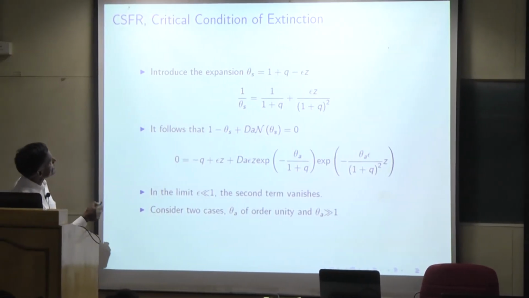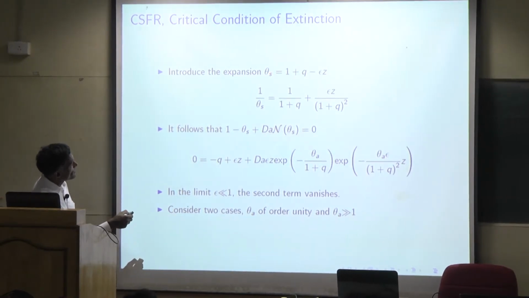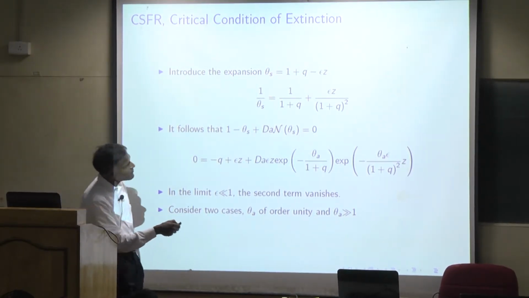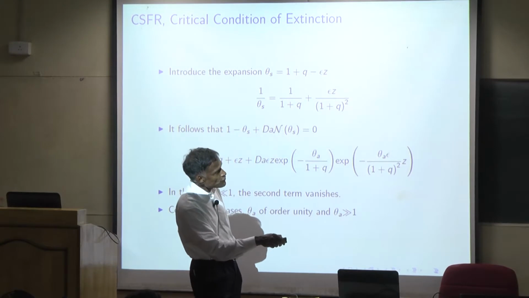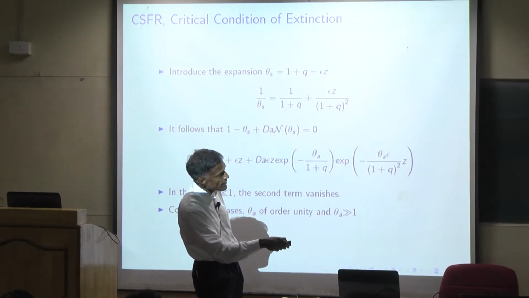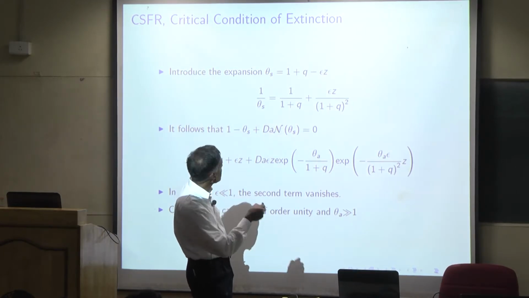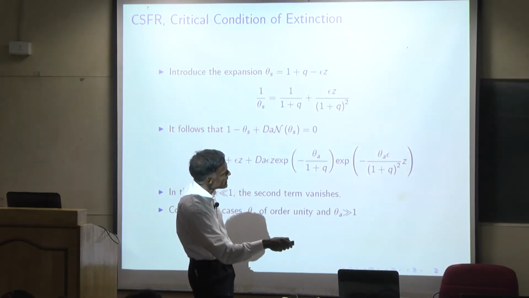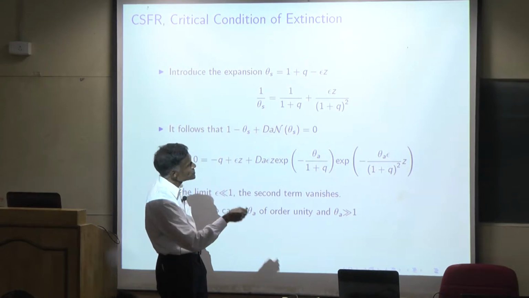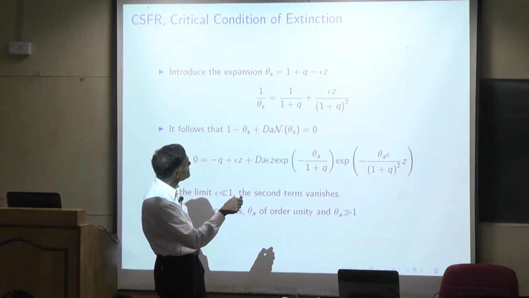So now I'm going to look at the critical conditions of extinction. As I said before, the temperature drop is very small from here to here before it extinguishes. So I'm going to perturb the temperature. I'm going to say the steady state temperature, theta S, is 1 plus Q, which is the maximum temperature, minus a correction.